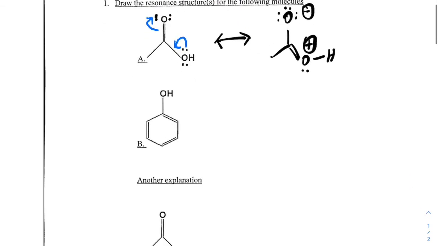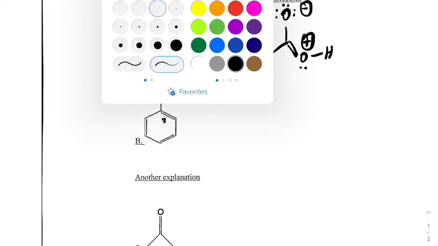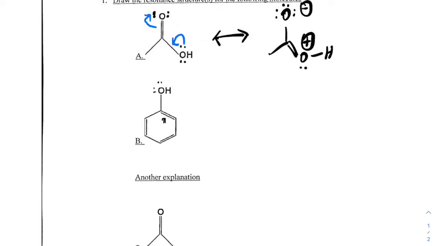All right, so draw resonance structures for the following molecules. So we've got lone pairs once again next to pi bonds. There's a pi bond here. And so we want to take these electrons here, swoop them down, and push them over to this third position. So there's always going to be 3 players involved.